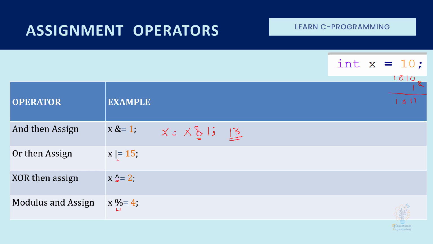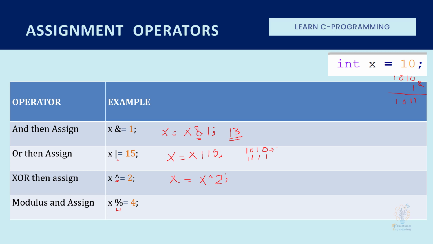Now, the same thing goes for the OR and XOR. x equals x OR 15. x equals x, the XOR sign, 2. You need to convert 15 to the binary form. So 10 is 0, 1, 0, 1, and 15 equals 1, 1, 1, 1.